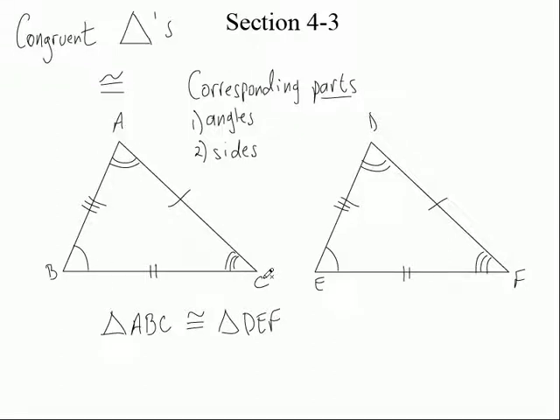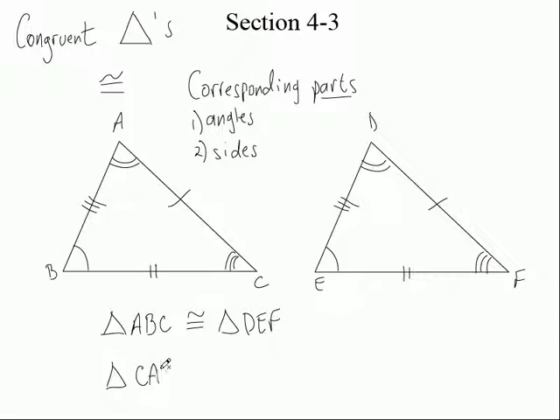We decided to call it ABC. But this one has to be named in the same exact order as this one right here. You follow me? So if I call this triangle ABC, I have to call this DEF. So when they say write a congruence statement, that's what it means. This is a congruent statement. What's another way? That's not the only possible answer. I could have called this anything I wanted to. We gave a whole bunch of possibilities earlier.